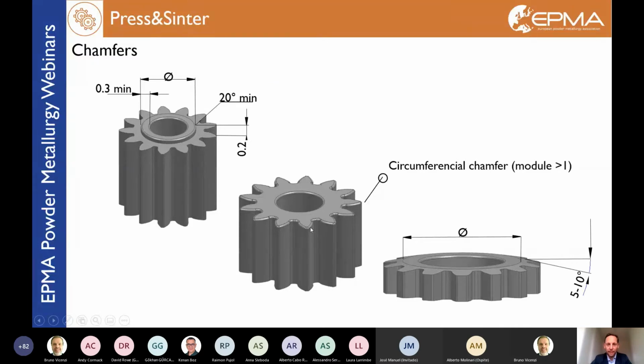I can realize these chamfers on the punch like this, circumferential, and I have the burr here under this plane, so no deburring is needed. And this is a third method. As you can see, the burr is as well under the functional surface.